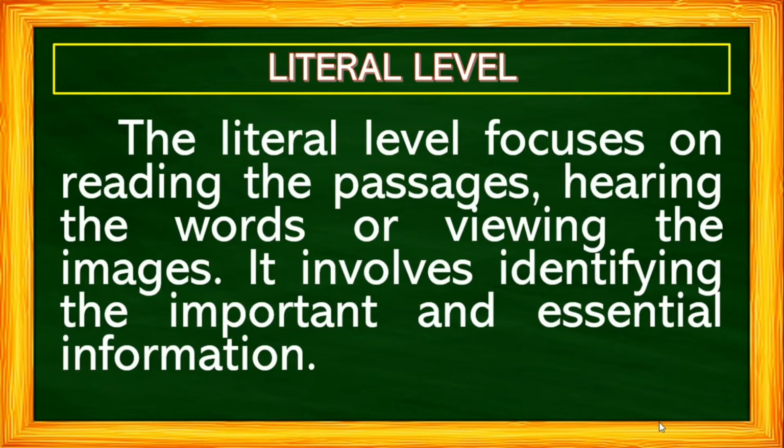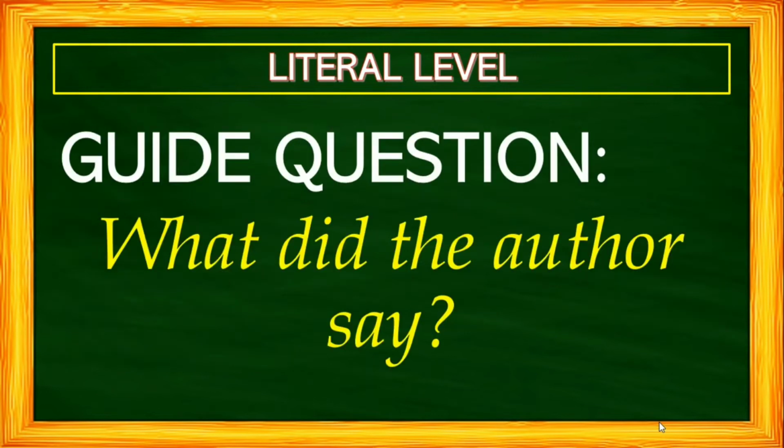The literal level focuses on reading the passages, hearing the words, or viewing the images. It involves identifying the important and essential information. So in developing the literal level of comprehension, this will be our guide question: What did the author say?